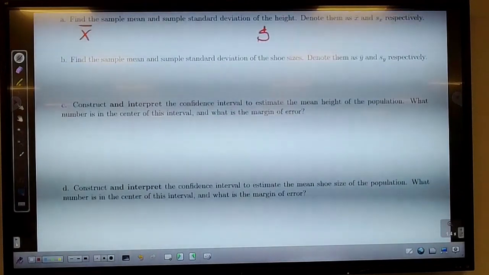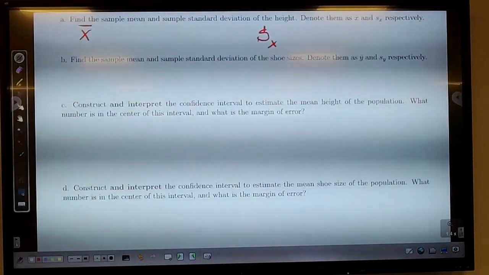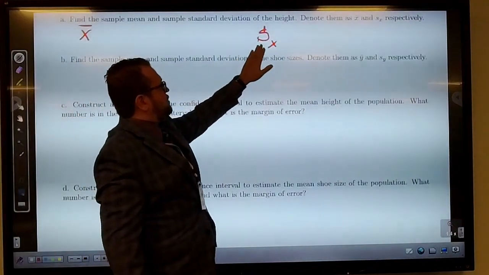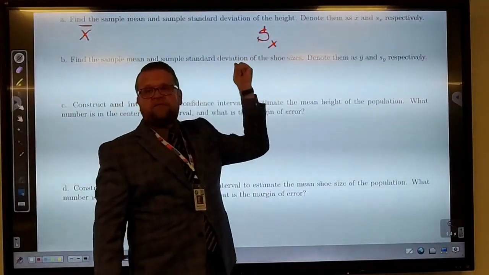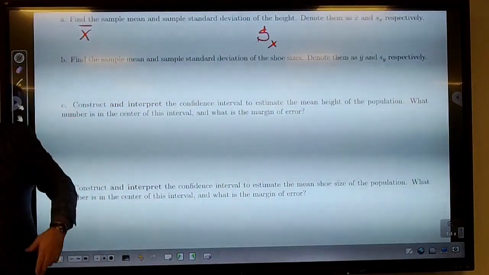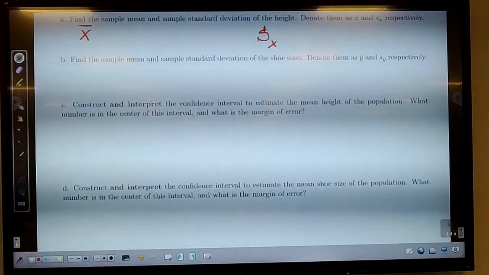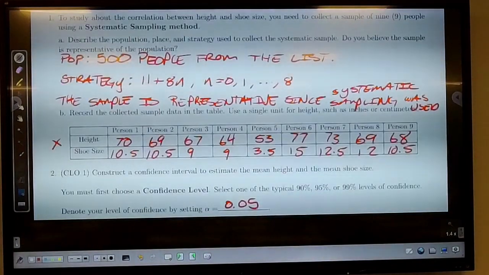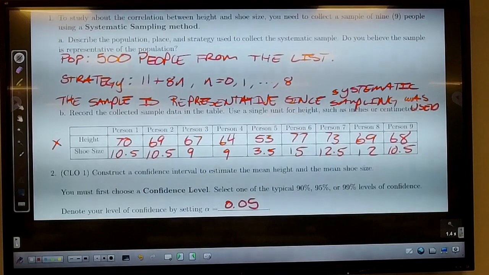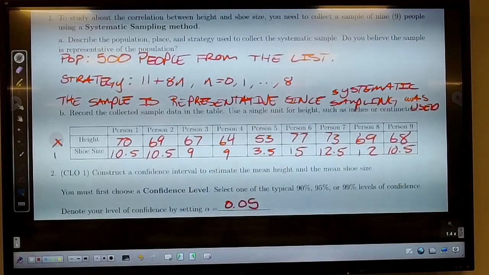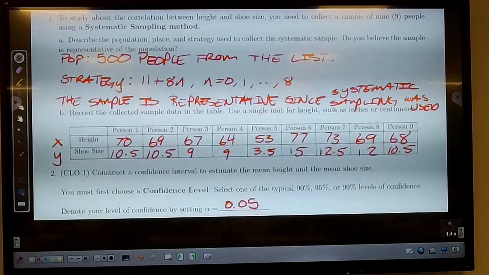When I say S sub X, that means that this will be the sample standard deviation of the X values. And X bar is the sample mean of the X values. Well, which ones are the X values? That's the heights. Let's just take heights to be X and shoe size to be Y.